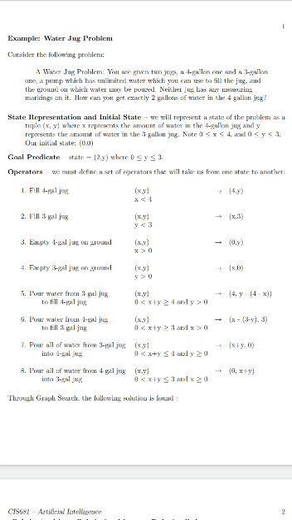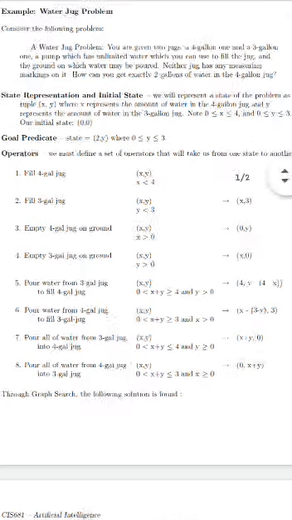Here we fill the 4 liter jug totally, so the predicate is (4, Y). The maximum water which can be filled into the X jug is 4. Next, fill the 3 liter jug. The maximum water in the Y jug is 3 liters, so it is (X, 3).